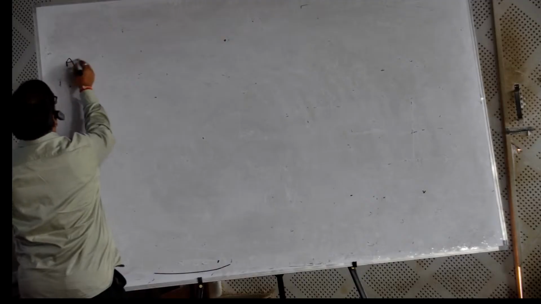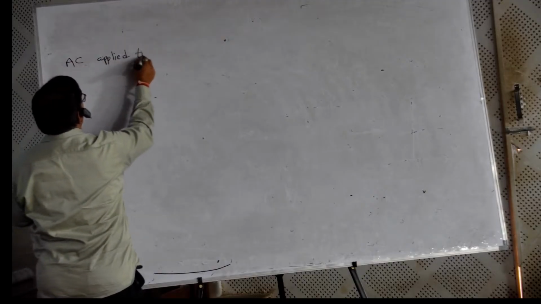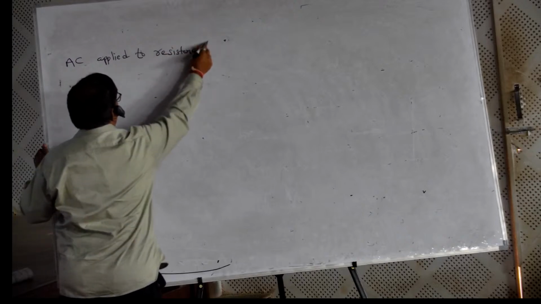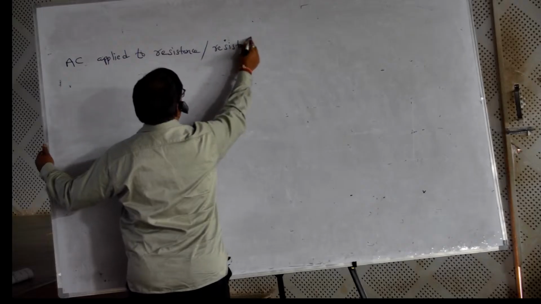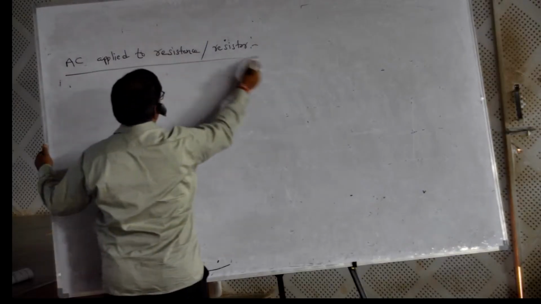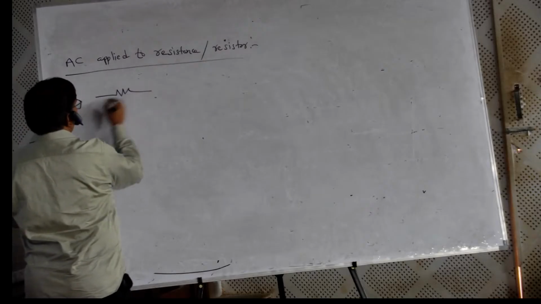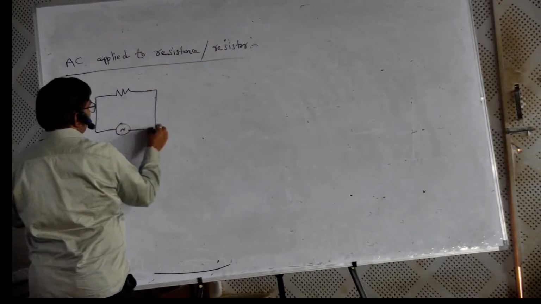Okay, so AC applied to a resistance or resistor. Here the resistor is available and I am applying voltage.